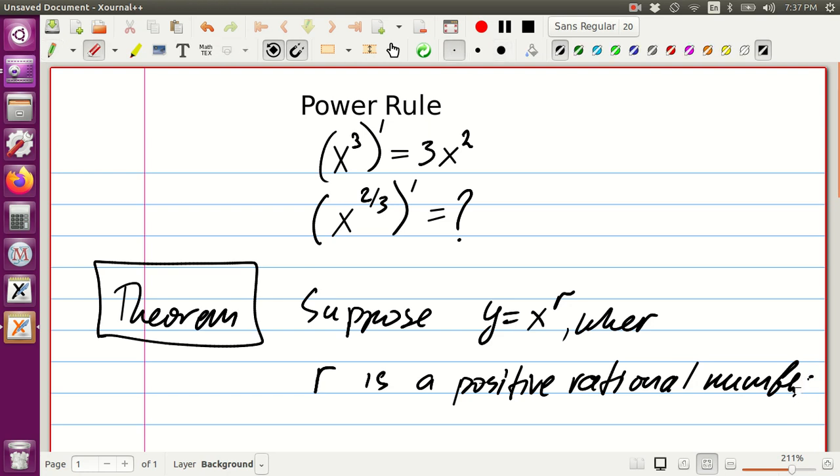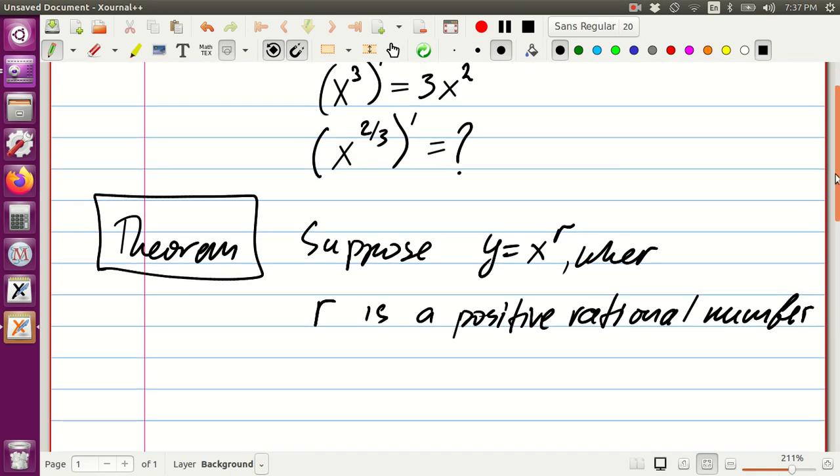So if it's a positive rational number, then that means it can be written as p divided by q.